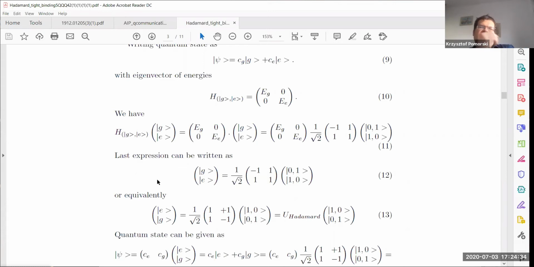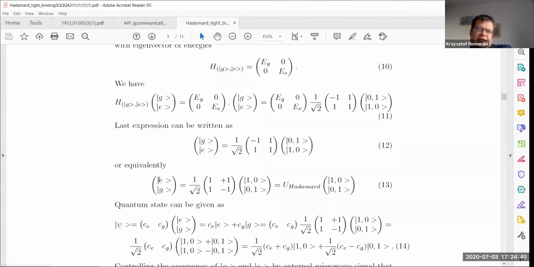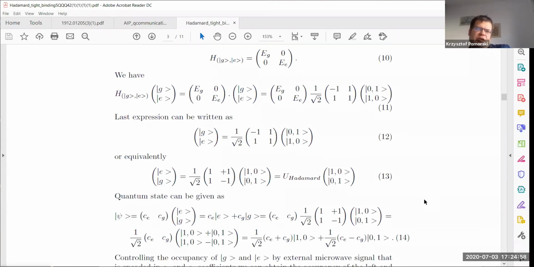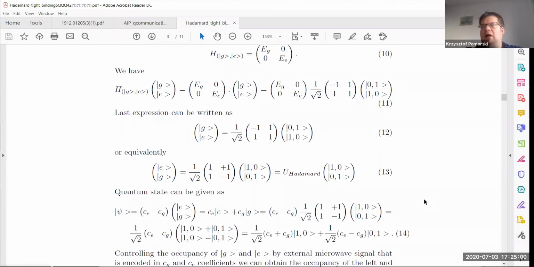So you always have this Hadamard matrix. So you can rewrite this result in the following way: changing from a vector in energy representation to position representation requires the Hadamard transformation. And now we need to utilize it in certain logical operations.